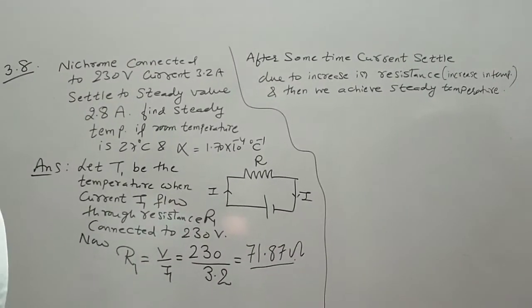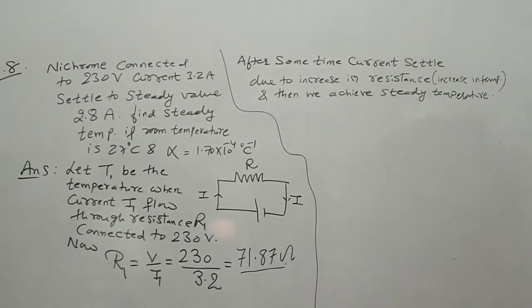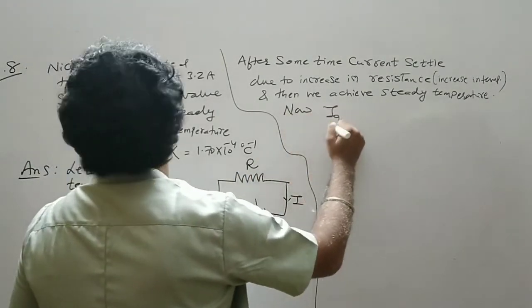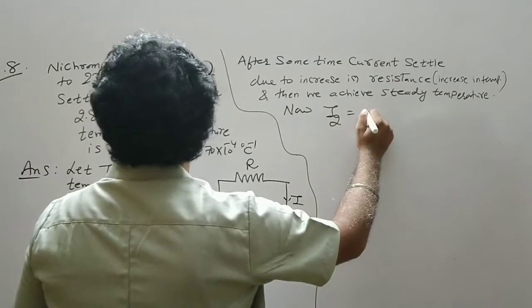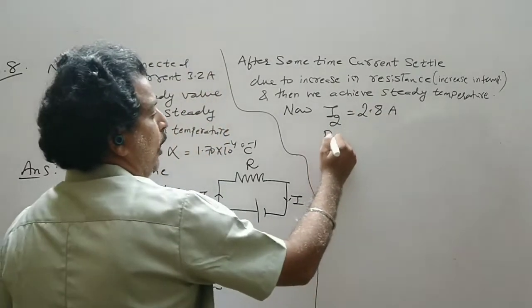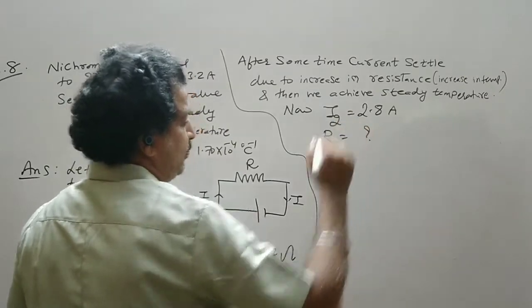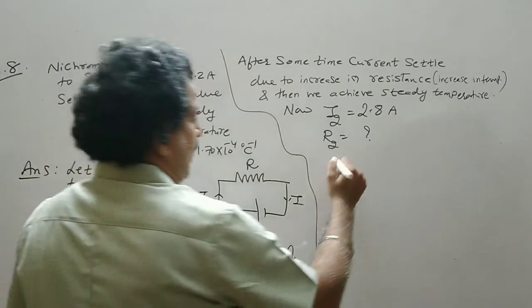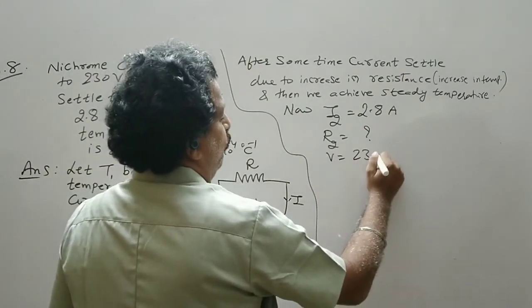settled down. Now I2 is equal to 2.8 ampere. So R2, that is a new resistance because the current in the circuit has changed. Supply remains the same, that is 230 volt.